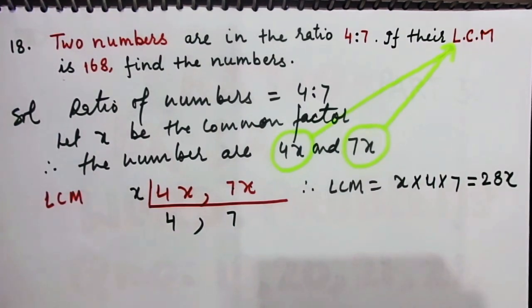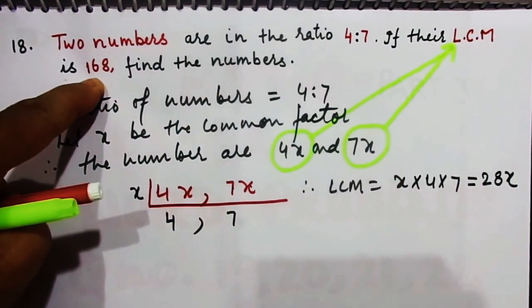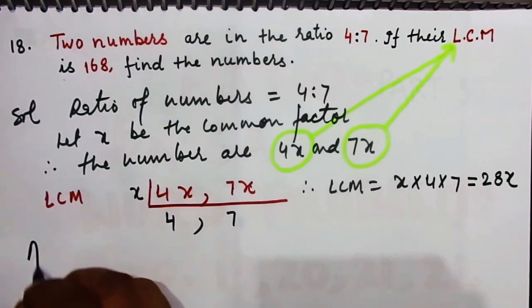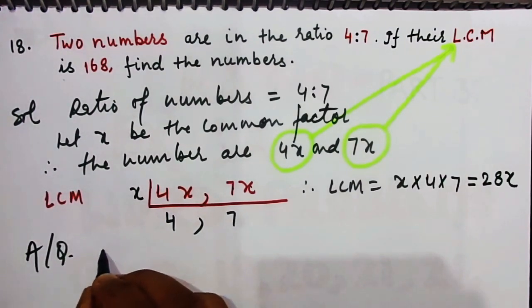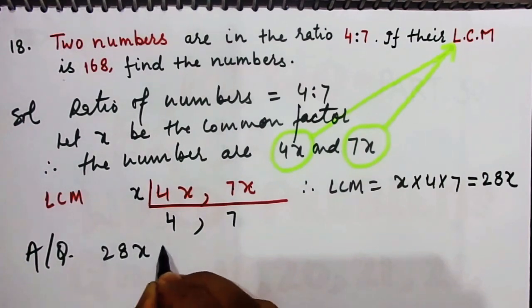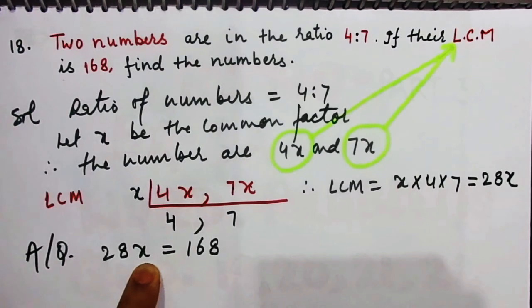Now what are they saying? If their LCM is 168, according to the question, this 28x is equal to 168. LCM is equal to 168.